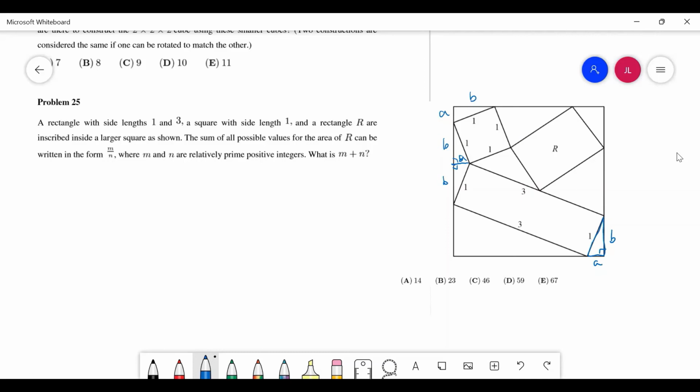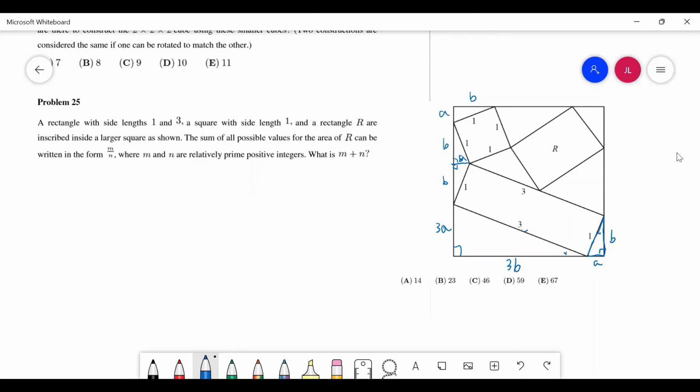We can easily find angle chasing. This angle and this angle are congruent. We have a right angle here. So now, because this hypotenuse is 3, this hypotenuse is 1, we easily find this is going to be 3B. So this side is going to be 3A. All right.